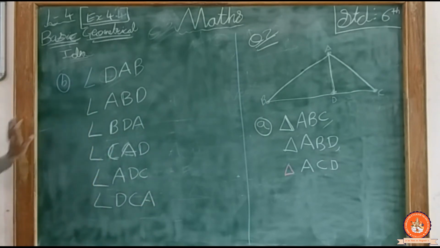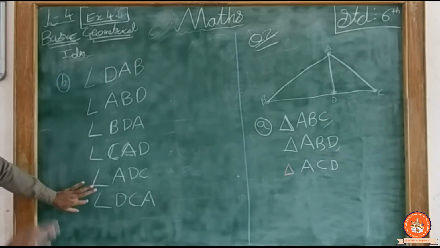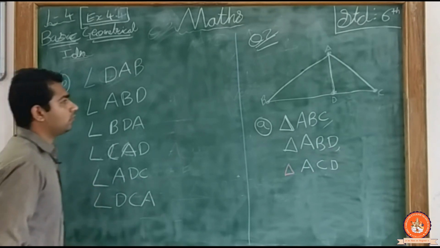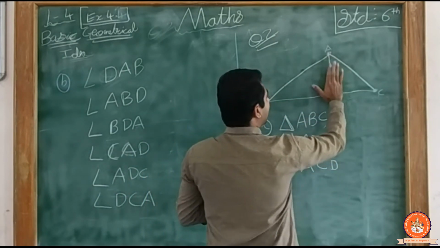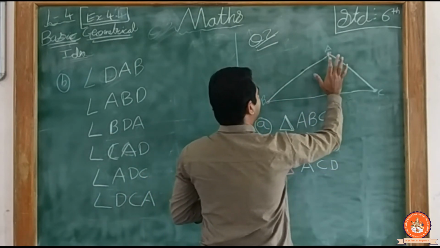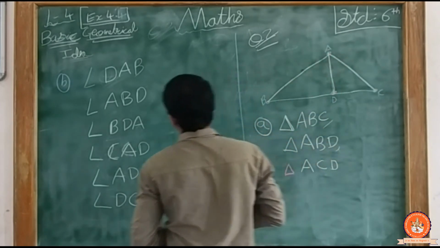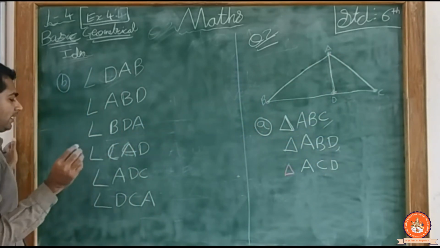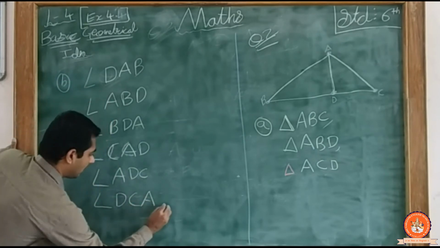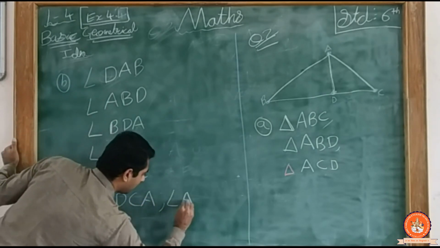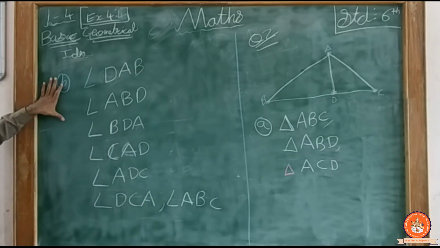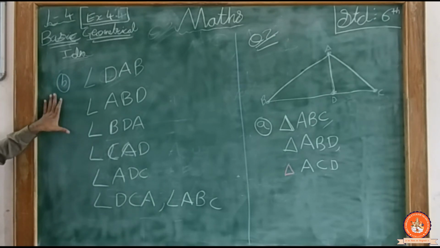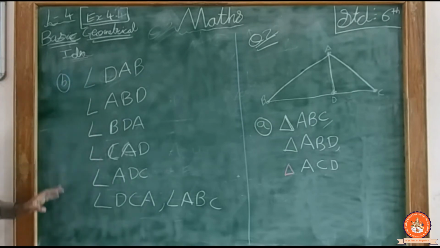How many angles did I get? 1, 2, 3, 4, 5, 6. I want 7 angles. So 1 angle I will take from here. I will remove this line which is in between, and I will get triangle ABC. I am writing here triangle ABC. Clear? So we have the answer of question 2, part B.